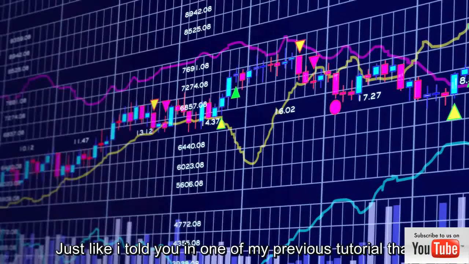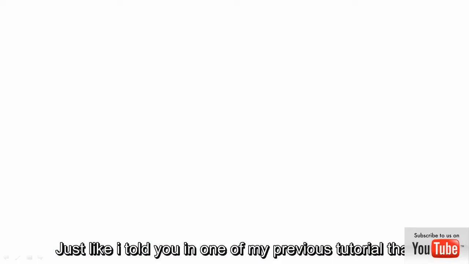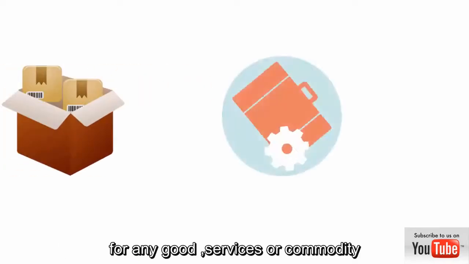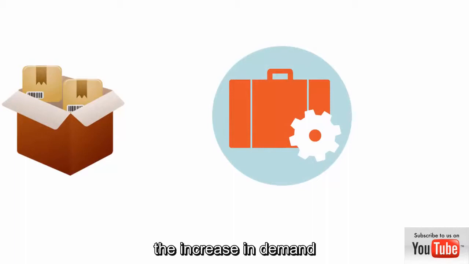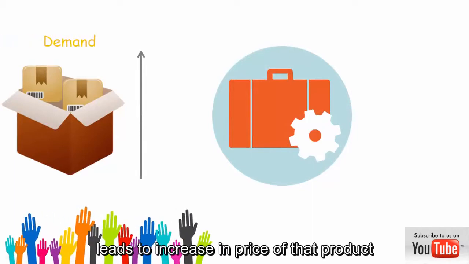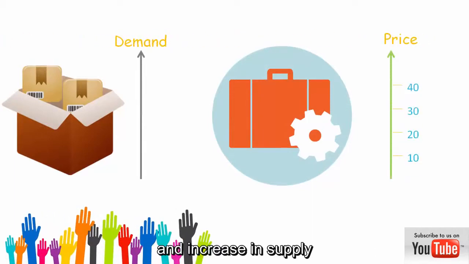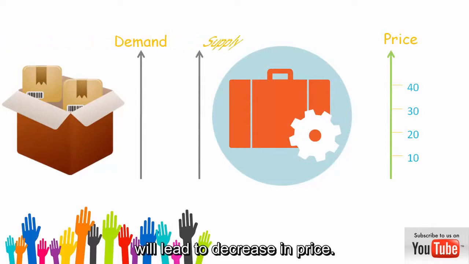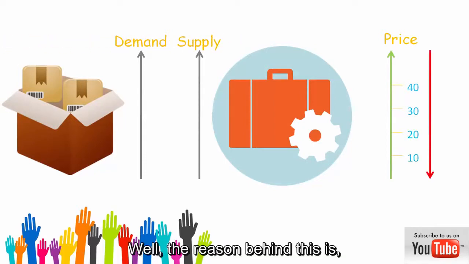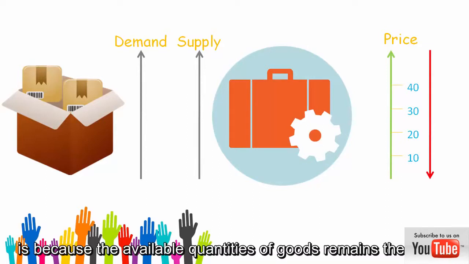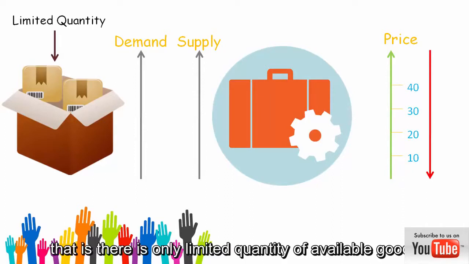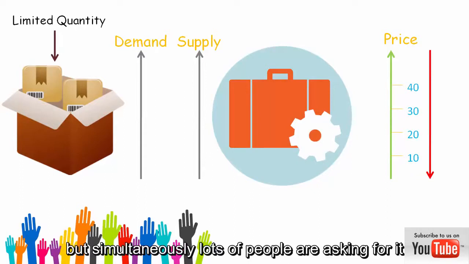So just like I told you in one of my previous tutorials, for any good, service or commodity, an increase in demand leads to an increase in the price of that product, and an increase in supply will lead to a decrease in price. The reason why price rises is because the available quantity of goods remains the same, there is only a limited quantity, but simultaneously lots of people are asking for it.